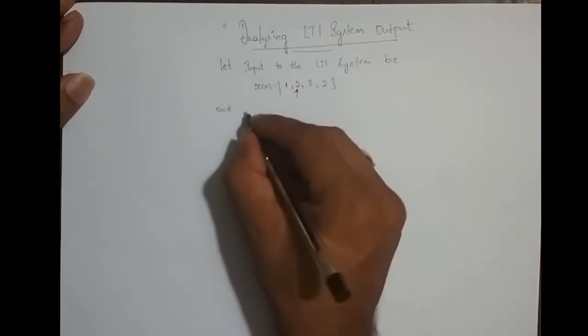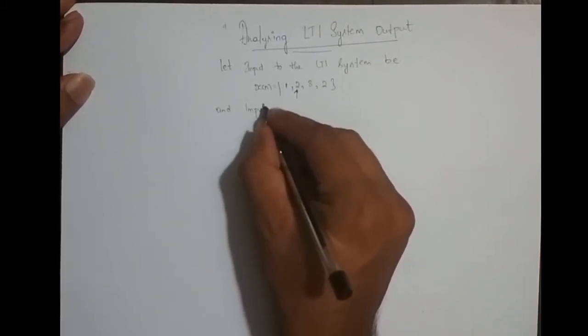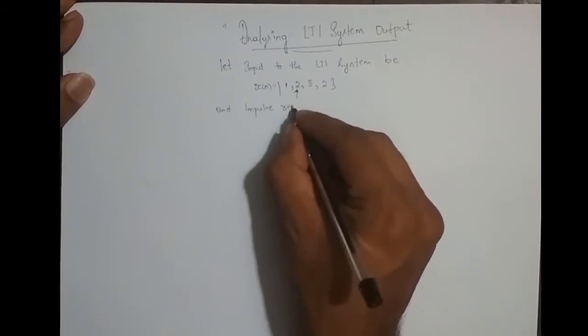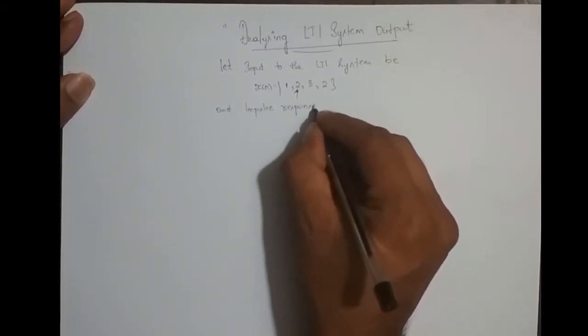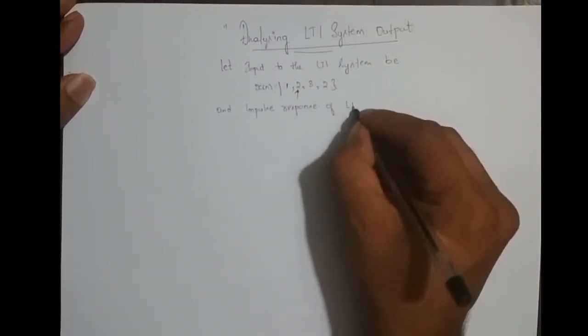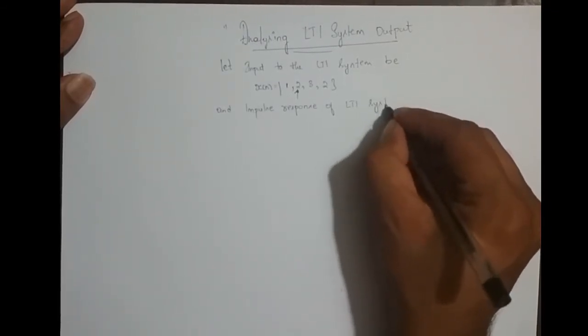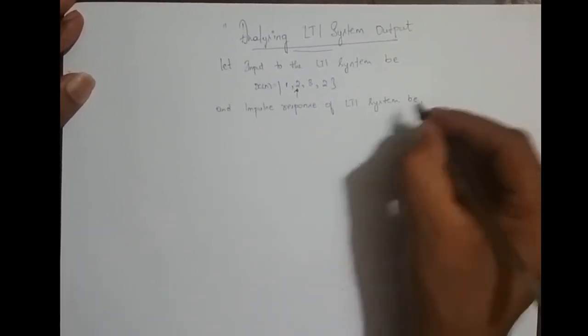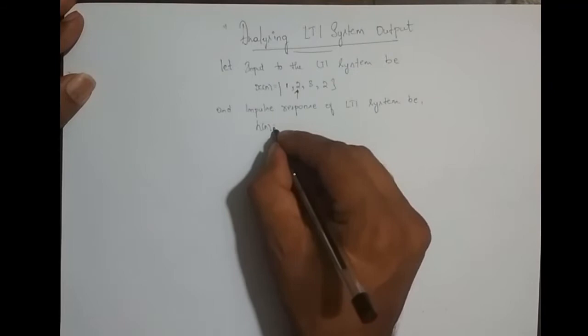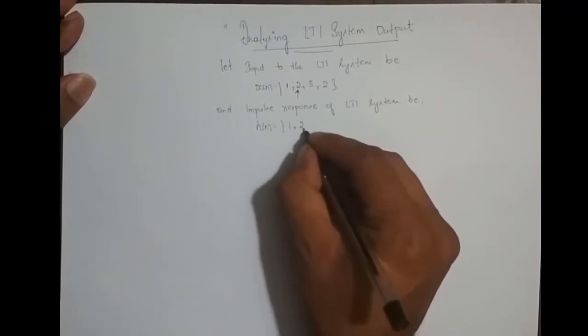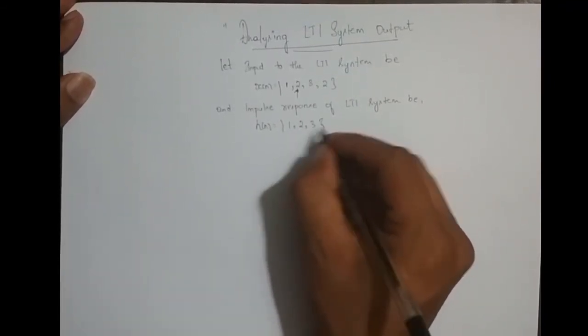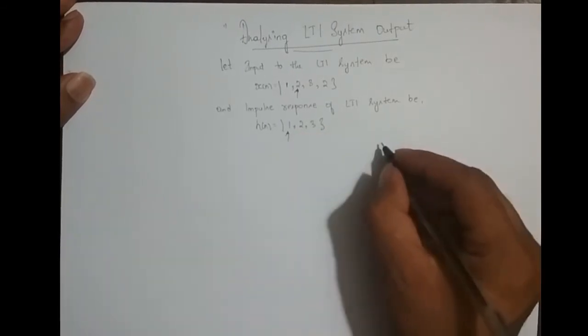And let the impulse response of the LTI system be h of n equal to 1, 2, 3, and the sample at n equal to 0 let it be at 1.